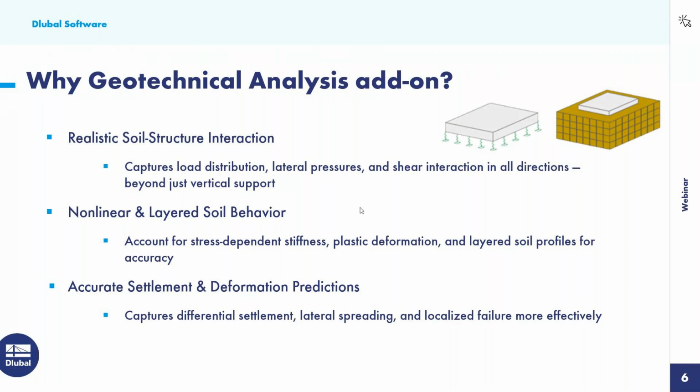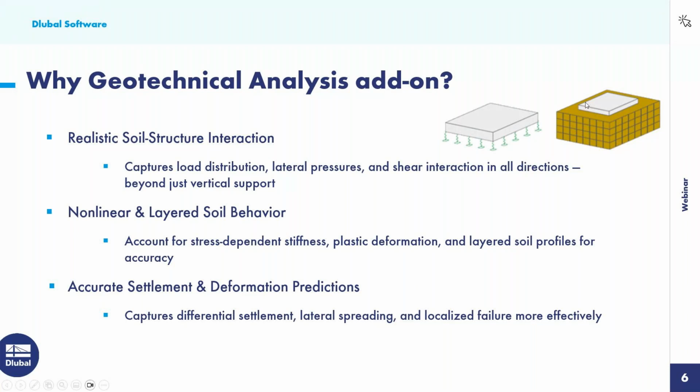So we can account for the soil's stress-dependent stiffness, the plastic deformation, and the layered soil profiles for just better accuracy. We can also accurately predict topics like settlement and deformation. So with the soil solid, we can capture differential settlement, lateral spreading, and localized failure much more effectively than this simplified approach.